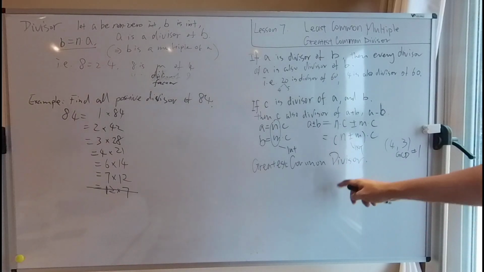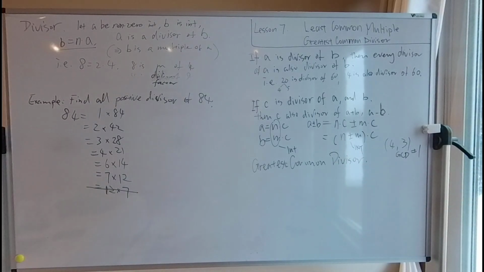So go back to here. We're still looking for the greatest common divisor, but it is possible that this greatest common divisor is just 1.